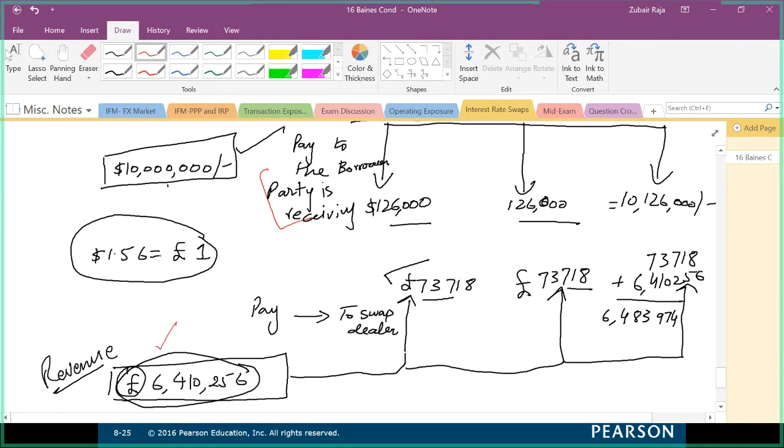This is right. So both these amounts will be written in the contract. Now, how much will they be paying? It depends on the ask rate of pound, right? Asking rate means what the dealer is asking the party to pay, right?